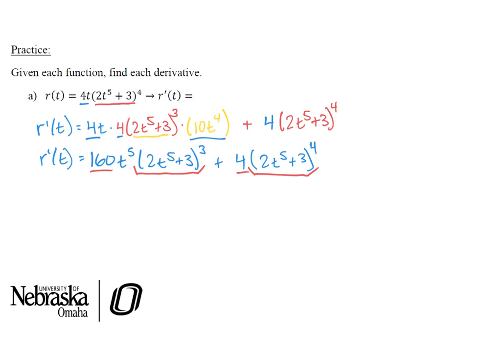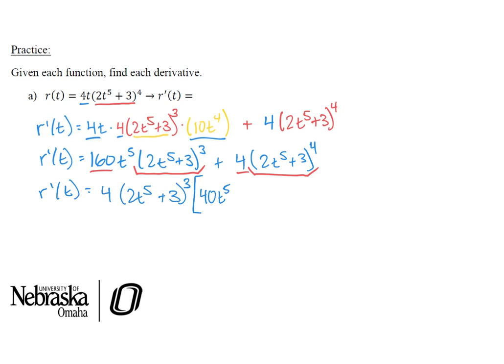So if we factor out a 4 and a 2t to the 5th plus 3 from each term. So again, when we factored out from our first term, the 160t to the 5th divided by 4 would be 40t to the 5th.